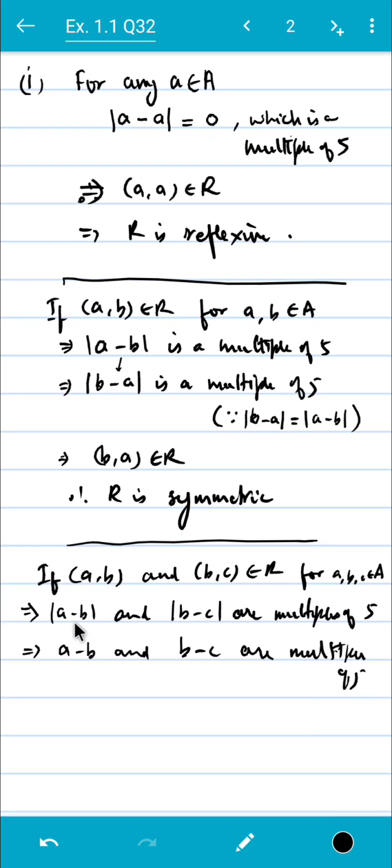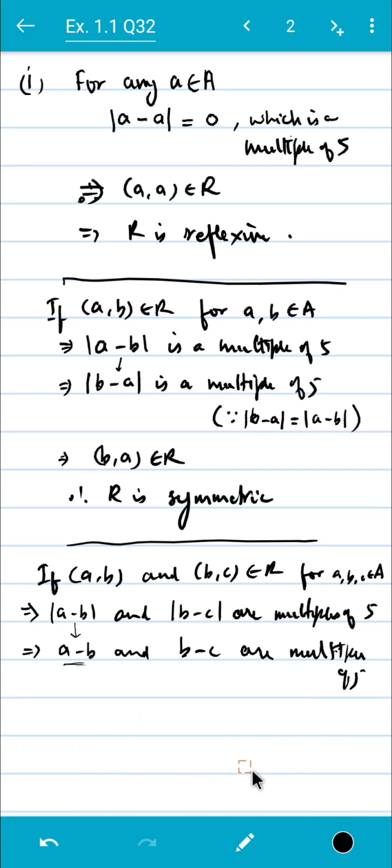If the number with the modulus is a multiple of 5, then even without the modulus it will be a multiple of 5, because the number is the same up to sign. If this is minus 5, the modulus will be plus 5. So if this is a multiple of 5, then even this one will be a multiple of 5. So both have to be multiples of 5.